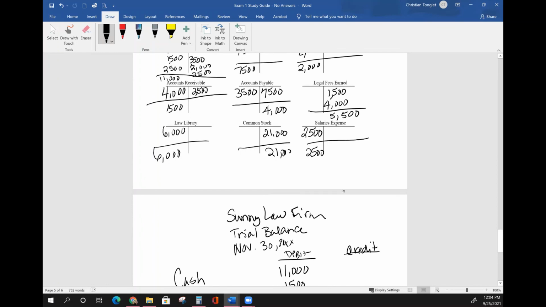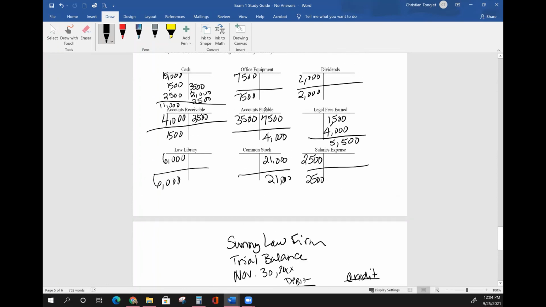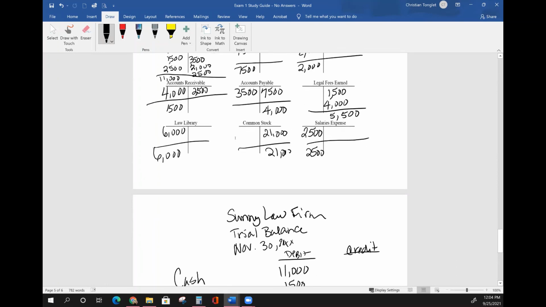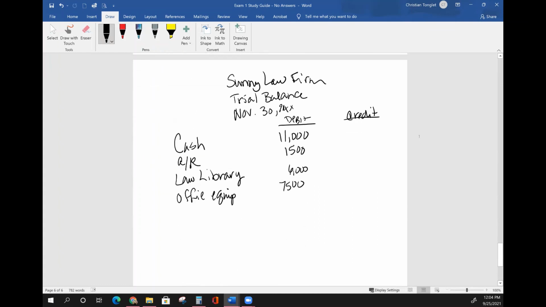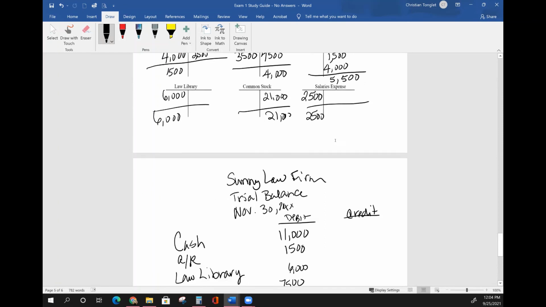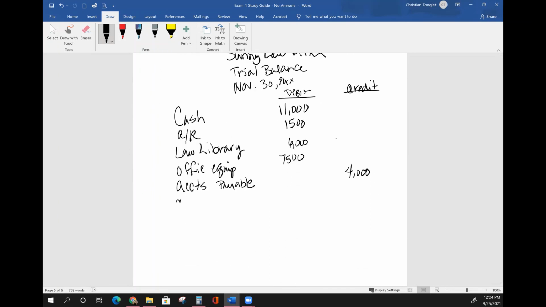Okay, then we have liability, which is accounts payable. Accounts payable is 4,000. Okay, then we have our common stock, for 21,000.